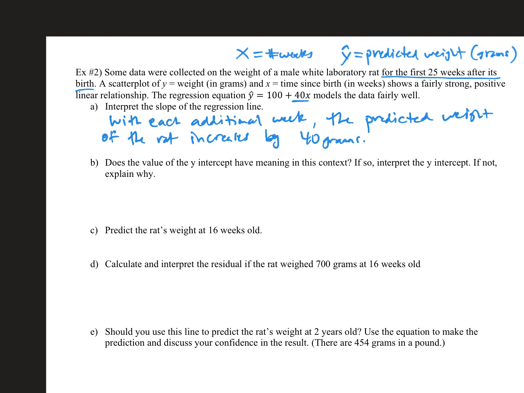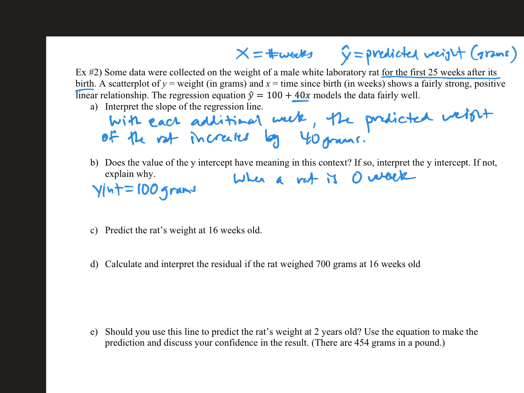Now, does the value of the y-intercept have meaning in this context? Sometimes the y-intercept has no meaning in the context, but let's go ahead and take a look. The y-intercept is equal to 100 grams, and that would make sense because when a rat is 0 weeks old, you could say at birth, but it's nice just to keep it the same every time.